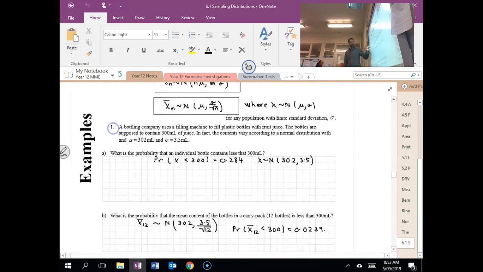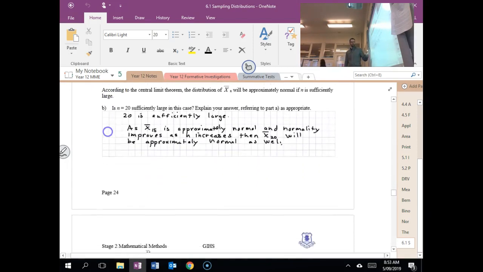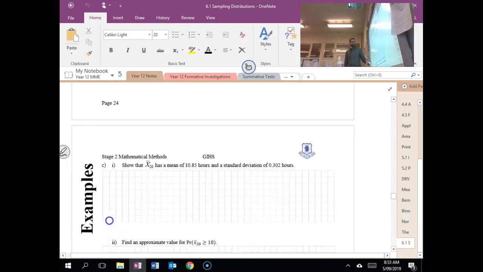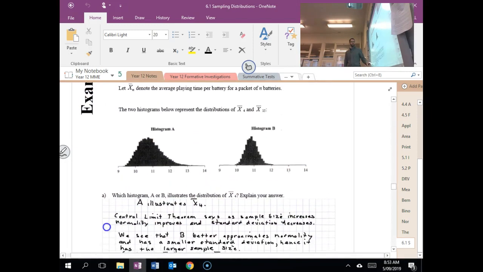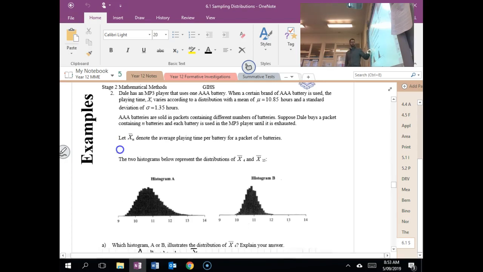Okay, all right, and then we're looking at how we can use these results in a whole bunch of different questions. So we got up to here and we're looking at: Dow has an MP3 player that uses one AAA battery. When a certain brand is used, the playing time varies according to a distribution with a mean of 10.85 and a standard deviation of 1.35.